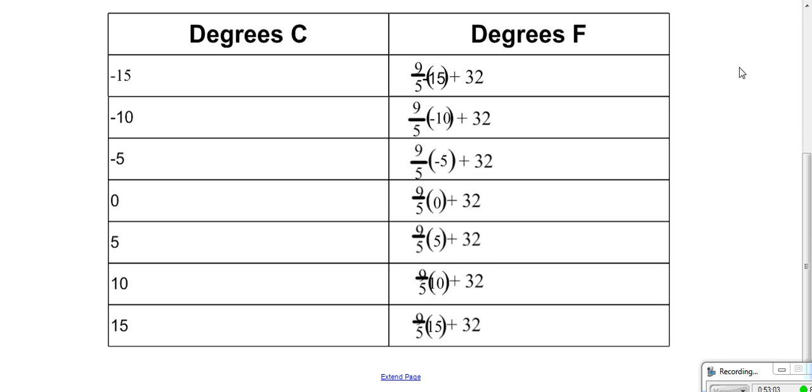I'm going to grab my calculator. I'm going to put 9 divided by 5, which is 1.8. Then 1.8 times negative 15, and that should be negative 27. Negative 27 plus 32 equals 5. So all of this, when you put it into the calculator, equals 5.